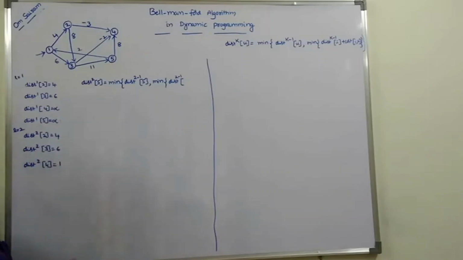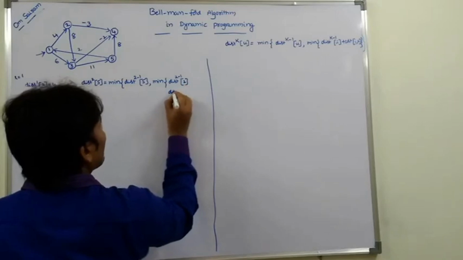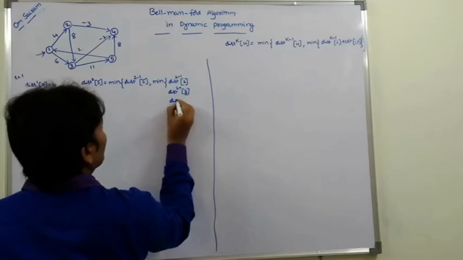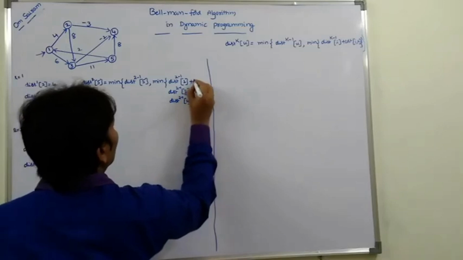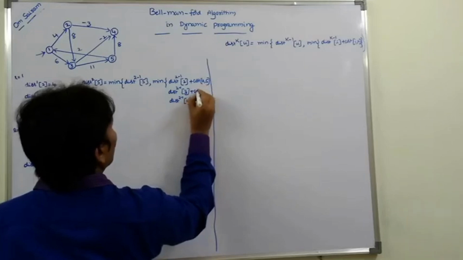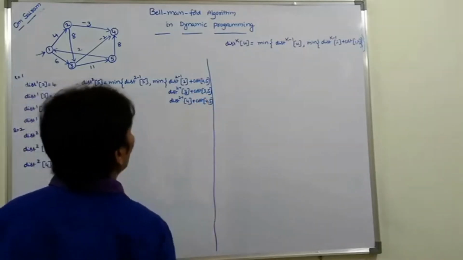What are the remaining vertices? 2, 3, 4. I value 2, I value 3, I value 4, plus cost of 2 comma 5, plus cost of 3 comma 5, plus cost of 4 comma 5.